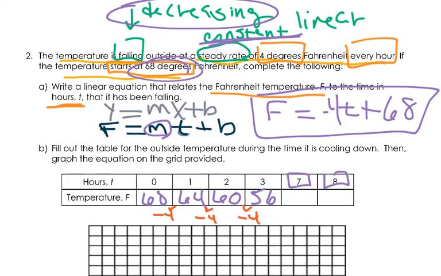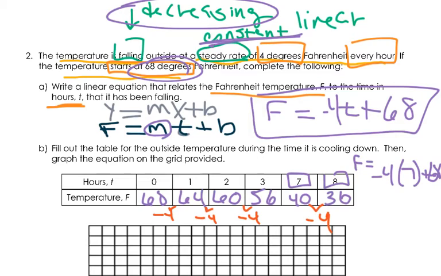So after hour 7, I can either keep going and figure out what's 4, 5, and 6, or I could always plug it into my equation. F equals -4 times 7 plus 68. And I could use my calculator. That's going to tell me 40. And then to find 8, it's 36. Right? Because from here to here, it's -4.